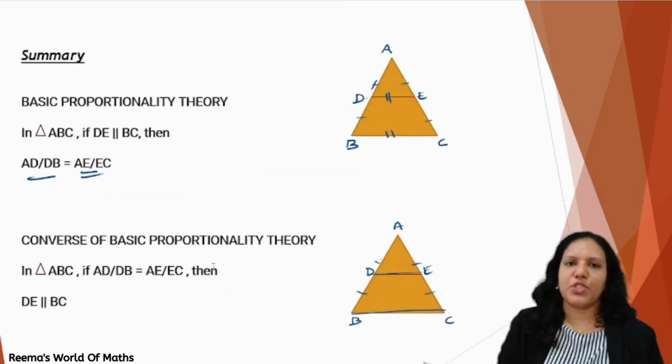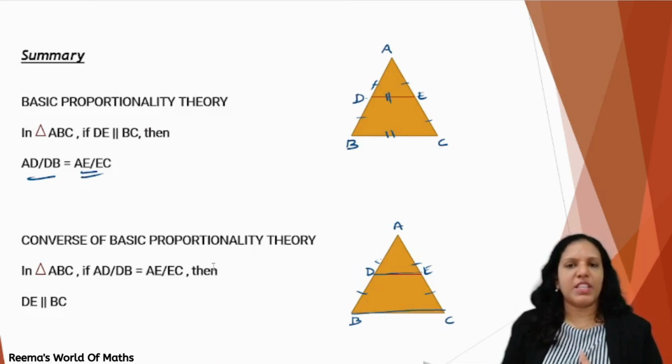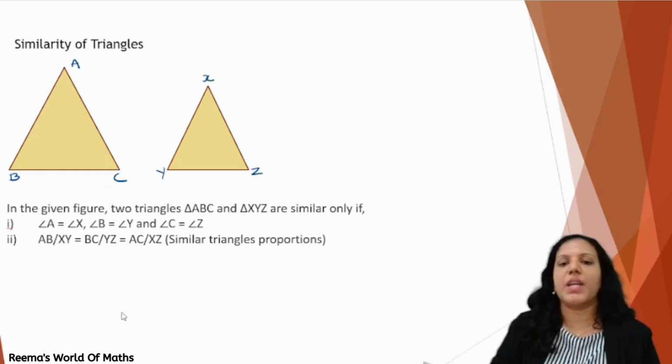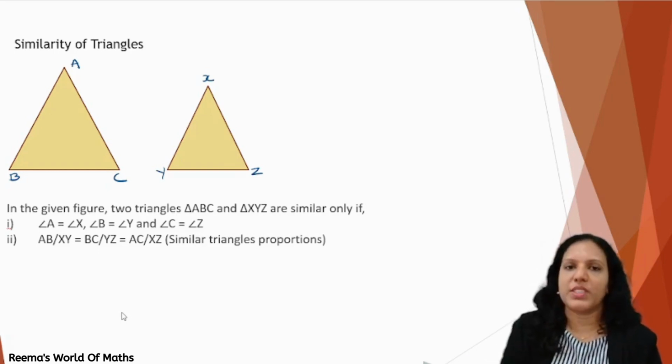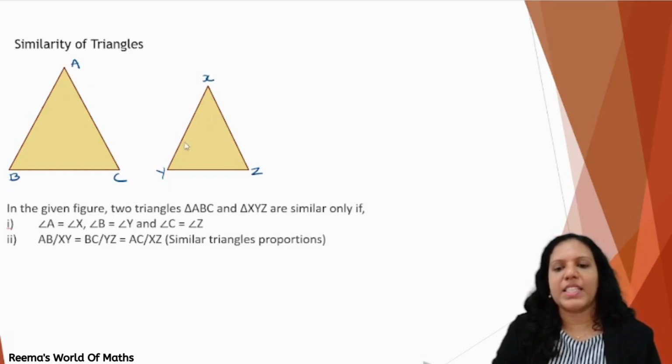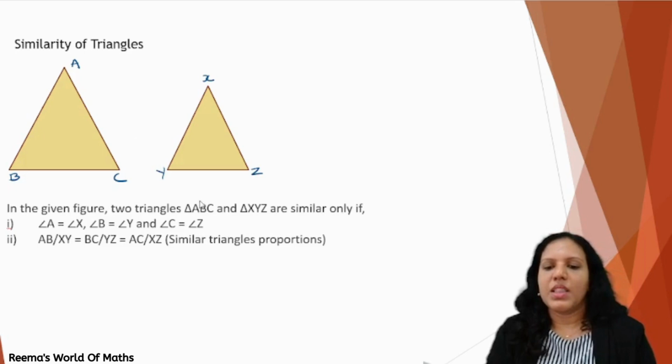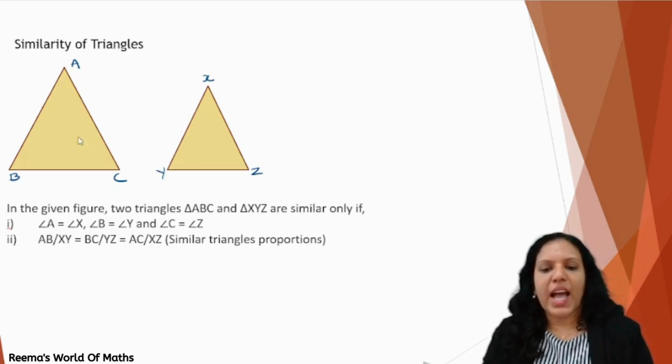So that is the basic proportionality theorem and its converse. Now the second summary was similarity of triangles. How can we say two triangles are similar? Let's see two triangles ABC and XYZ. We can say both triangles are similar if the corresponding angles are equal.